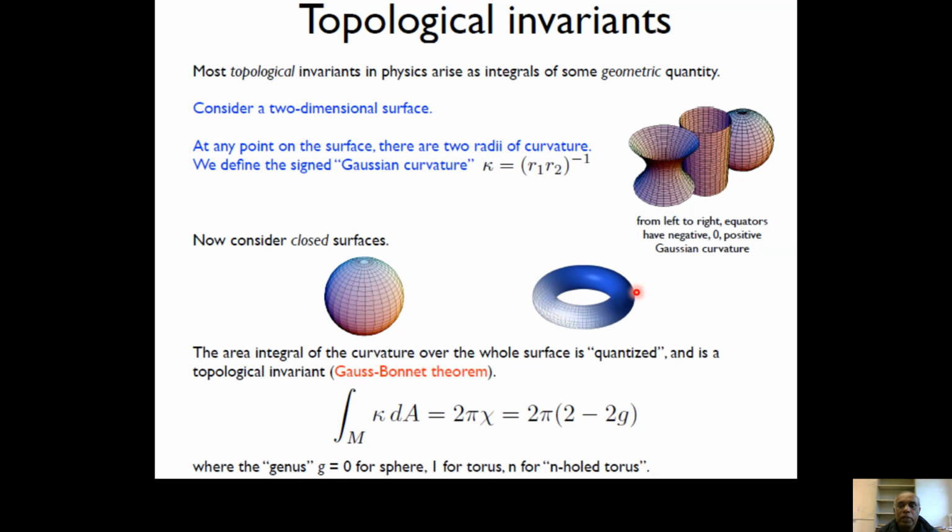Here we have 1 torus, right? So in this case, that integral is 1. If you have n number of holes, that number will be n.